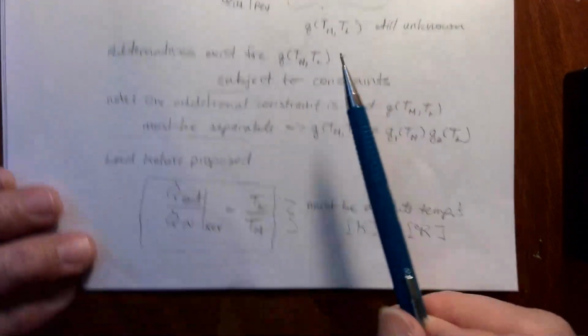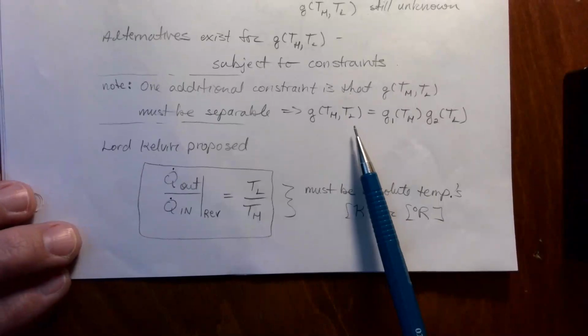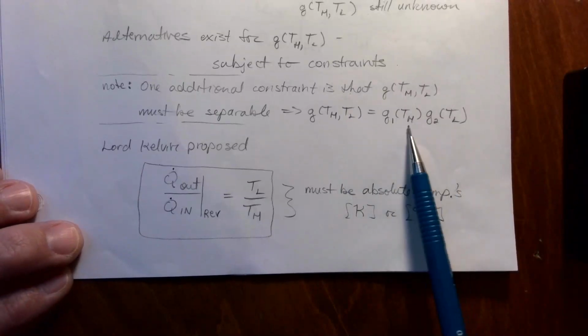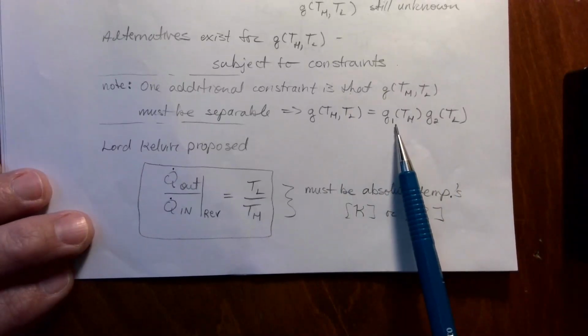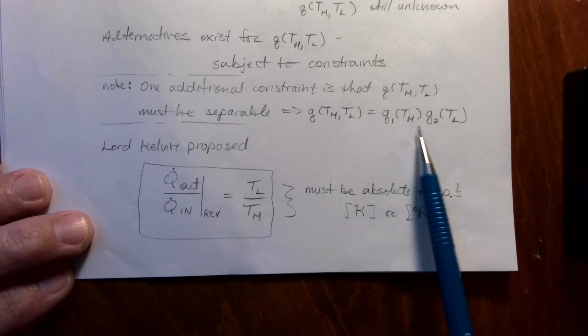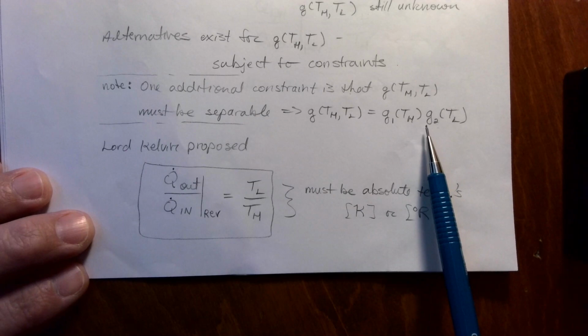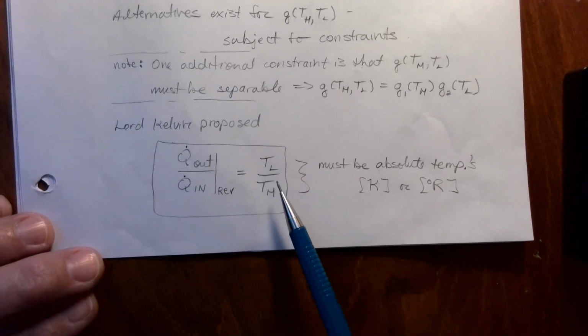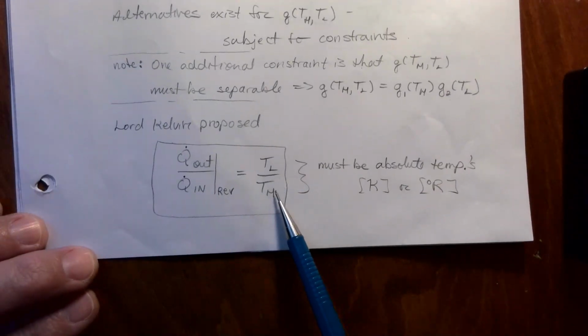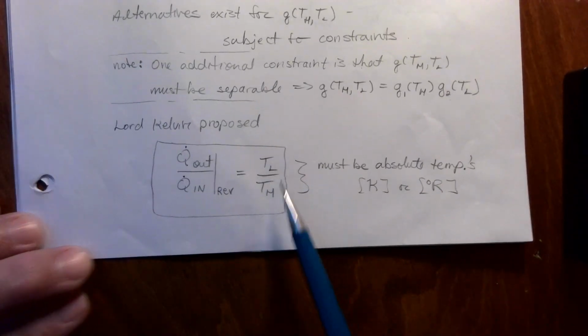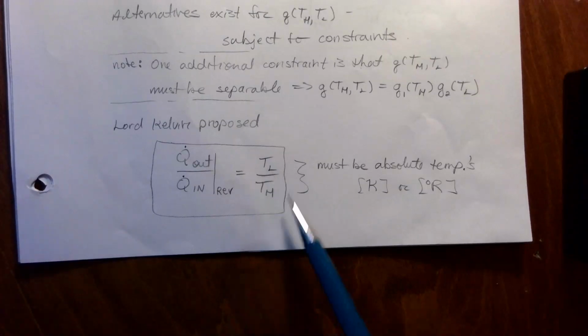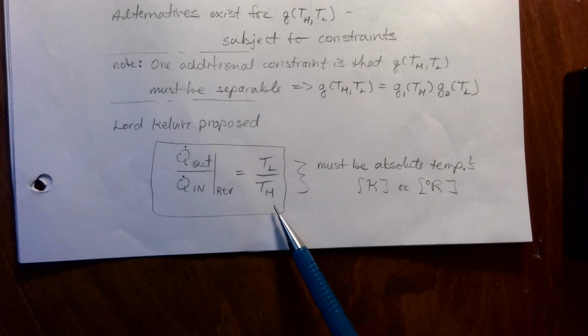There are observations that that must be also a separable function, meaning that it needs to be a function of TH times a function of TL. Lord Kelvin proposed that we keep this as simple as possible, and so he said let's consider TL over TH. We'll just take that ratio, and it turns out this works, and this is the basis of the Kelvin temperature scale, the absolute temperature scale.